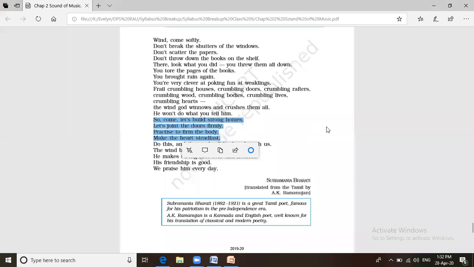Yes, please raise your hands. Manan, I have unmuted you, beta. Please explain these lines.